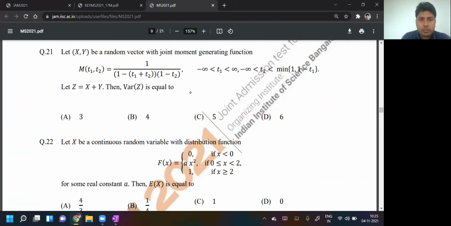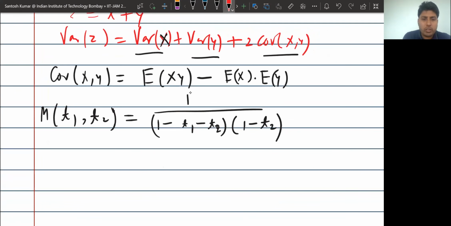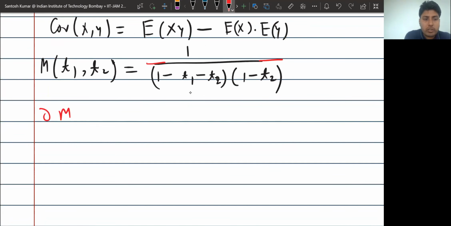So first let us differentiate it with respect to T1 and T2 simultaneously. It's better to first differentiate with respect to T1. So del M upon del T1.